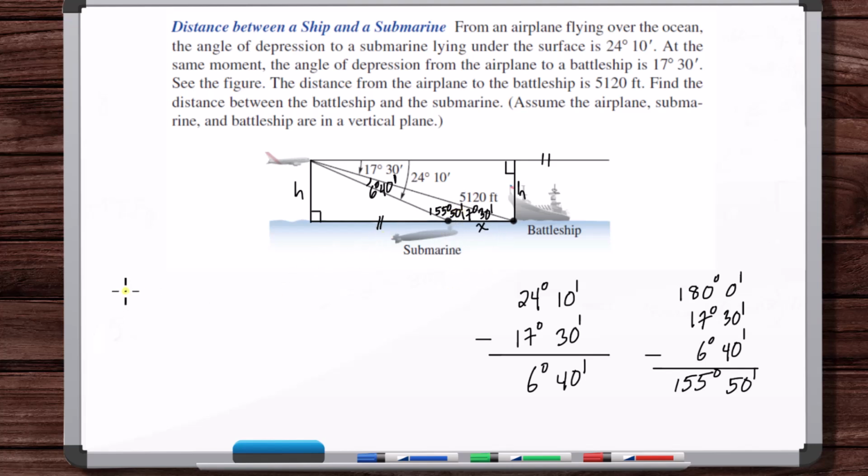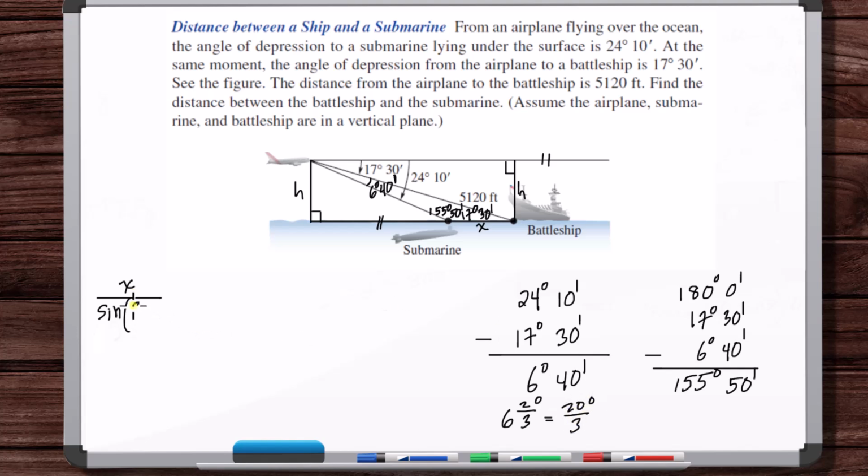So we've got the law of sines on that middle triangle. We've got x over the sine of 6 degrees, 40 minutes. 40 divided by 60 is 2/3, so 6 and 2/3 degrees, that's 20 thirds.